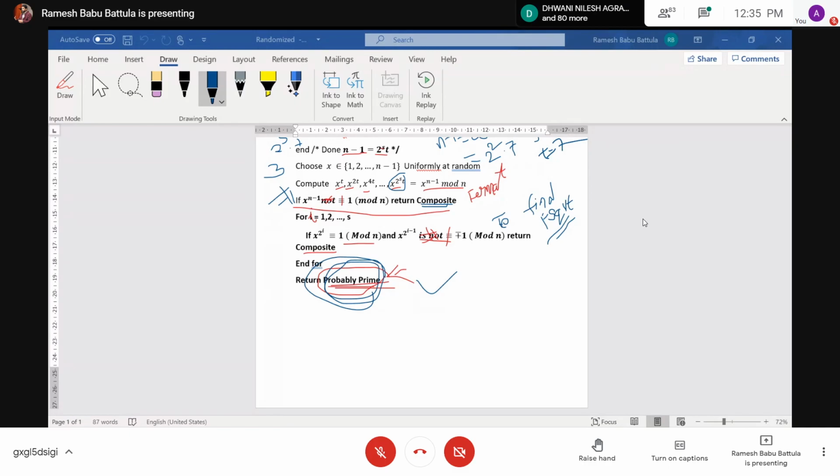Through CRT, it is possible to find it very easily. So the Chinese remainder theorem states that if the residues of an unknown number are available, then you are able to find that number if the moduli are pairwise relatively prime numbers.